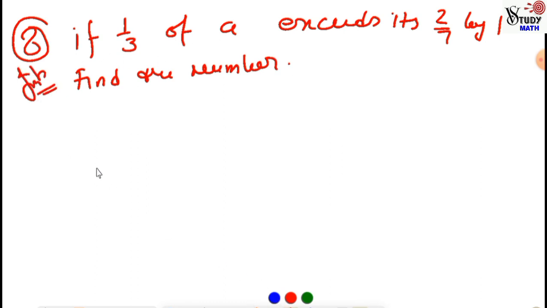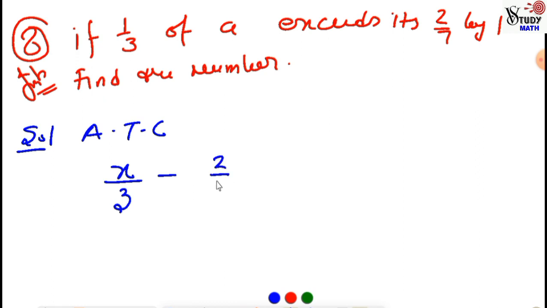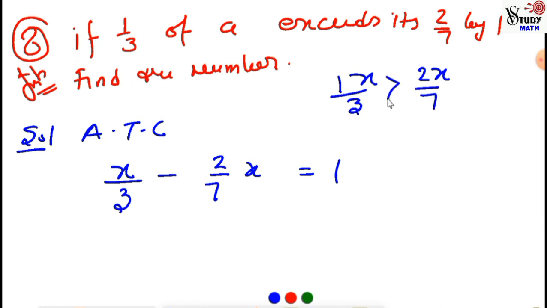According to the question, let the number be x, and 1/3 of this number exceeds 2/7 of this number. If we have number x and take 1/3 of it, and again x and take 2/7 of it, this one is greater, and it is greater by 1. So this is the equation we have made.